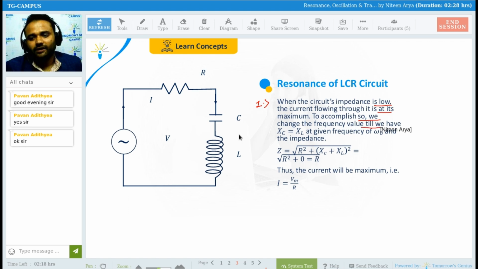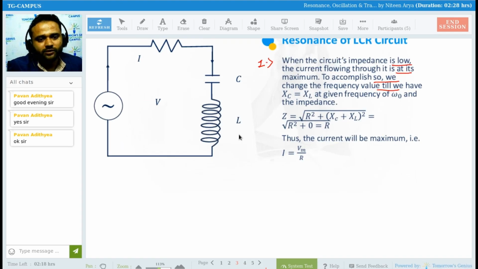We change the frequency value until we reach this. There are two or three conditions for a resonance circuit.